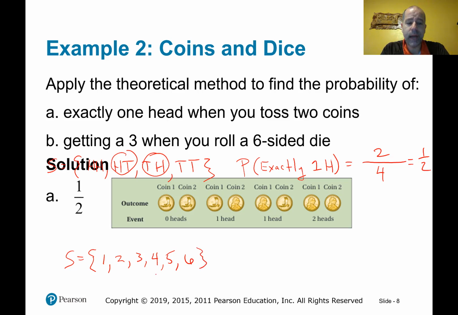And how many of those outcomes will result in a 3? Well, only 1. So if we use the theoretical definition of probability, the probability of getting a 3 is equal to what? How many ways can you get a 3 on a single roll of a die? Just one way. How many possible outcomes are there? 6. And so the probability is 1/6.